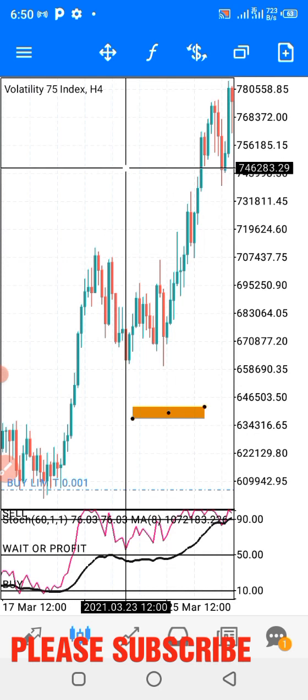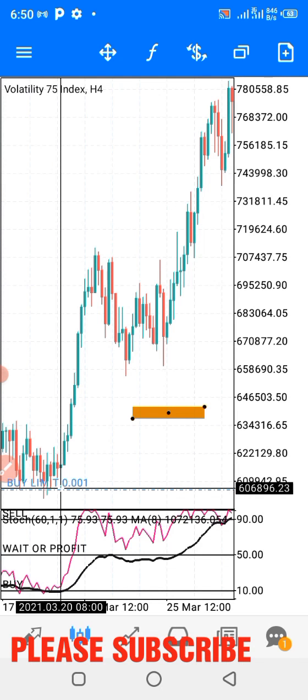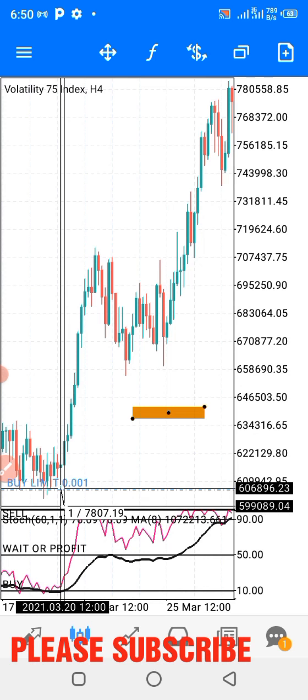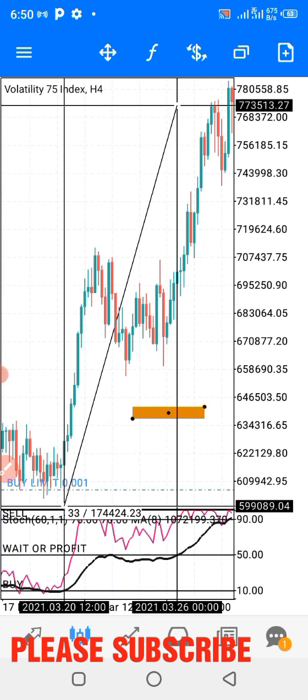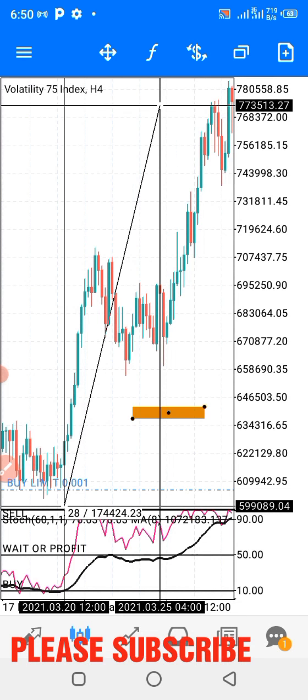I tell you, see how much you should have made by now. Let's calculate from here to here. If you check the pip value, you should just look down here, and you know where you should look. Just look at this value. That is total pips is 174,424.